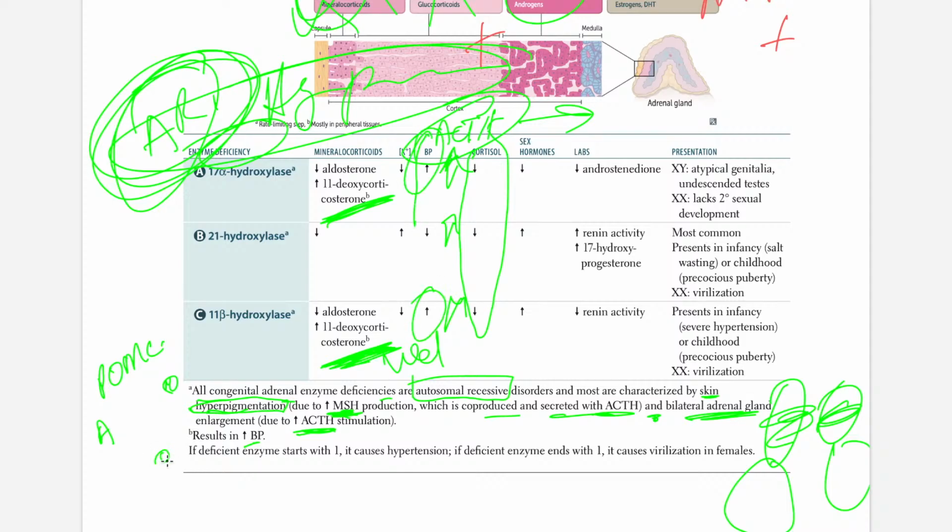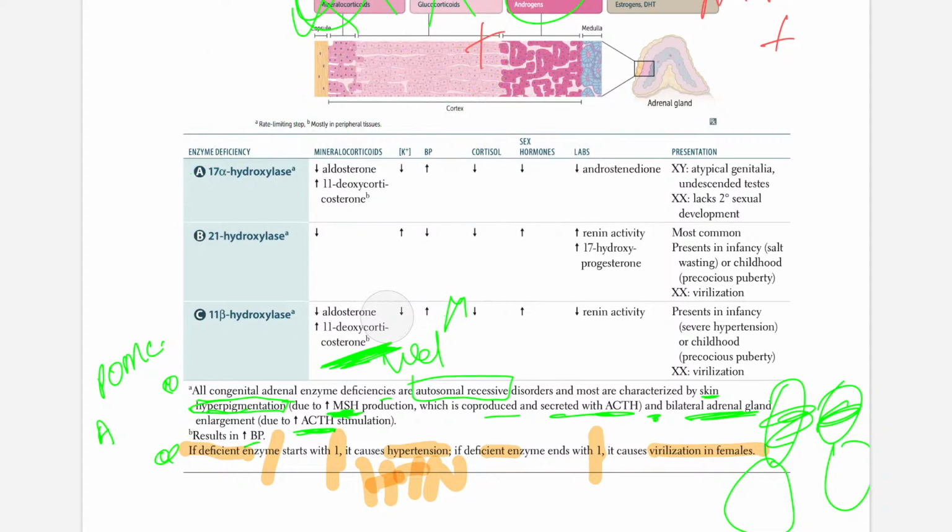Okay. The last is the mnemonic: if the enzyme deficiency starts with 1, it's going to cause hypertension. So 1 HTN 1, right? If the deficient enzyme ends with 1, it's going to cause virilization in females. So let's look at that. We said if it starts with 1, so 1 is 17 and 1 is here, it's going to cause hypertension.